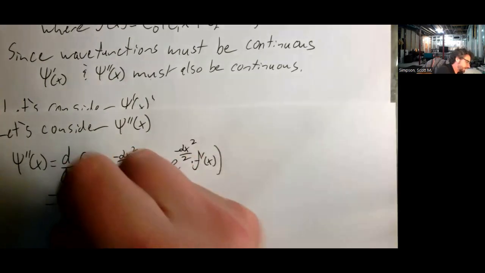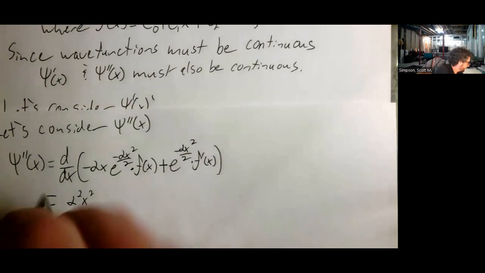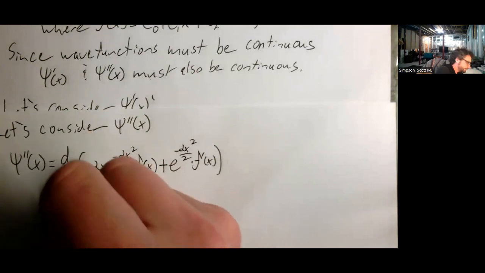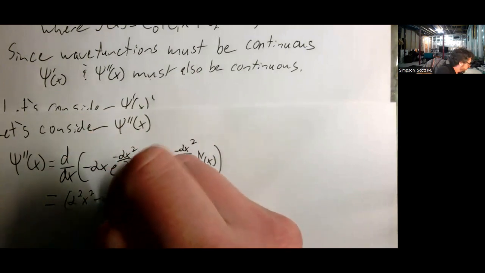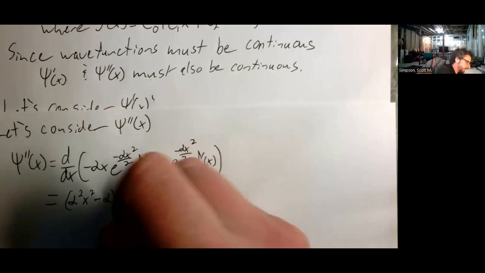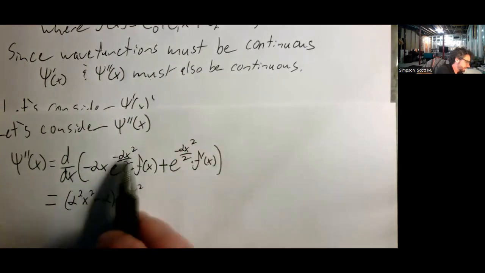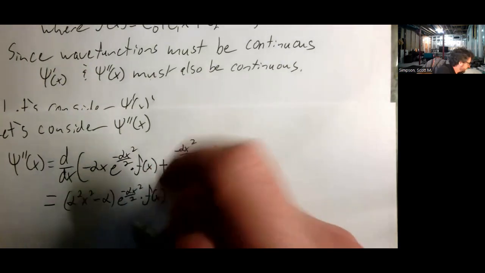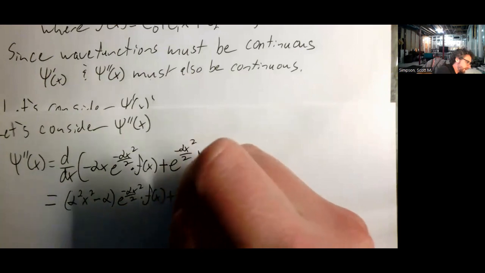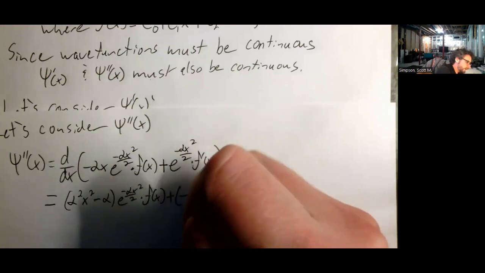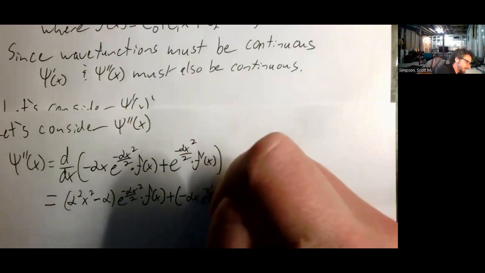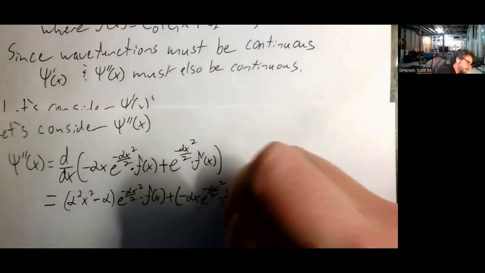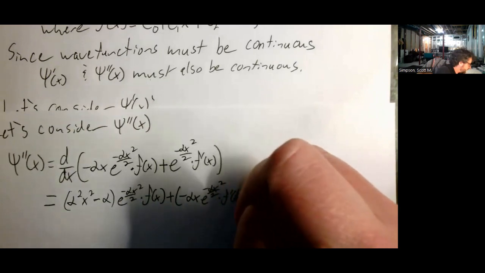So we get alpha squared x squared minus alpha, times e to the negative alpha x squared over 2, because we have a chain rule that's in all of this, times f of x. Then we have the second part. So we got negative alpha x e to the minus alpha x squared over 2 times the first derivative of f of x.